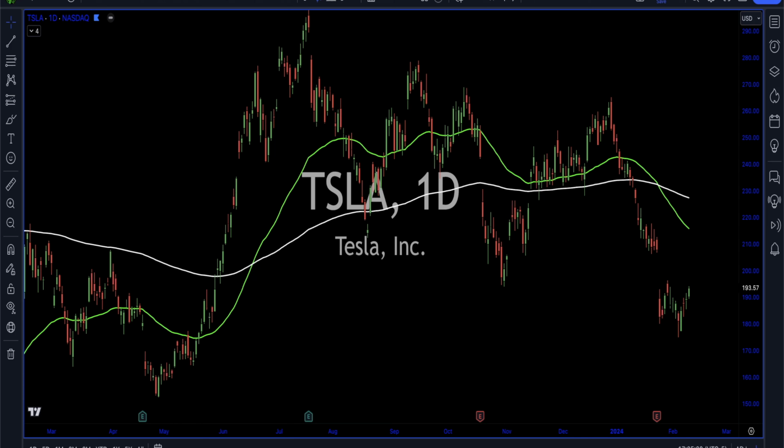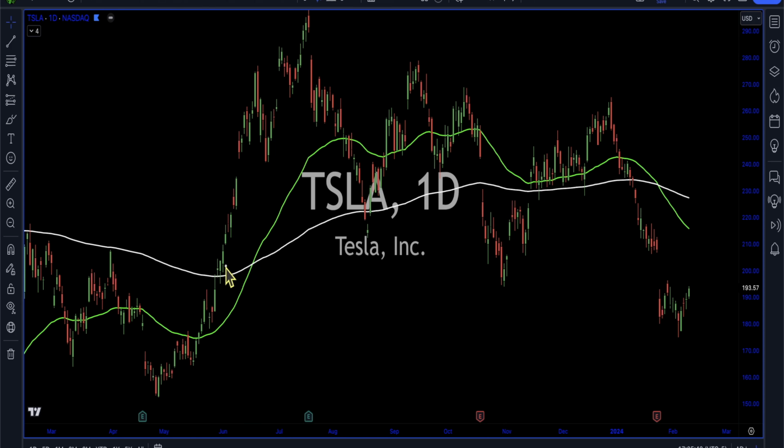If you're an early riser, then maybe you're going to use the 50-day. If you're just someone that says, hey, I work full-time, I'm a full-time student, I don't have time to be looking at this chart all day long, then maybe you're going to use the 200-day moving average and enter and exit your stocks based off of that strategy. And I'll show you.